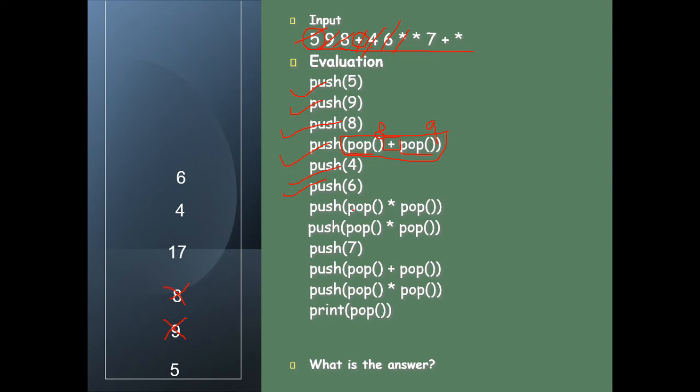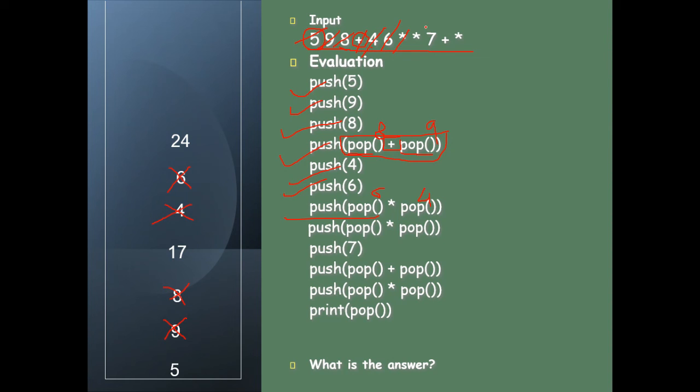Star is an operator, which means you have to perform the pop operation two times. The first pop will give you 6, and then 4 is the next one. So 6 into 4 is 24, and as this is the result, you have to push it into the stack, so you will insert 24 over here.